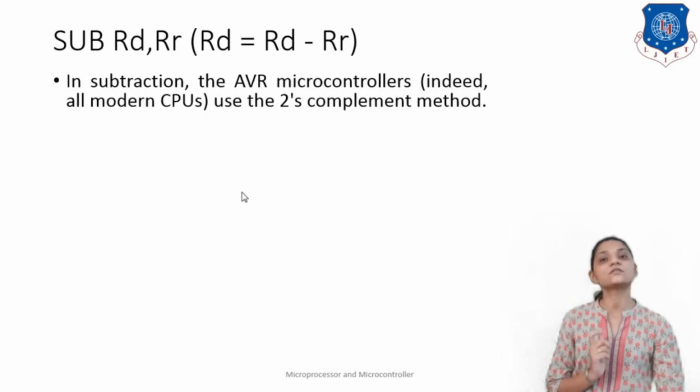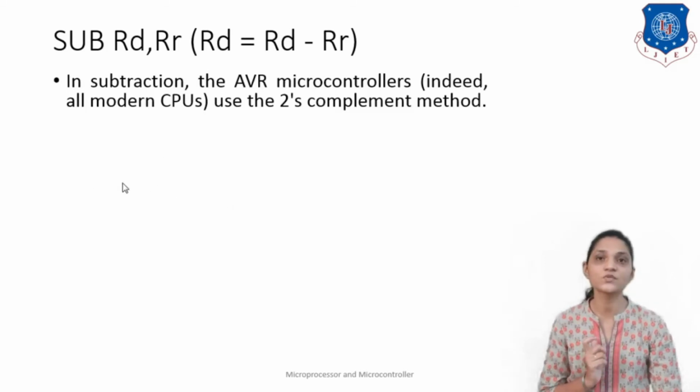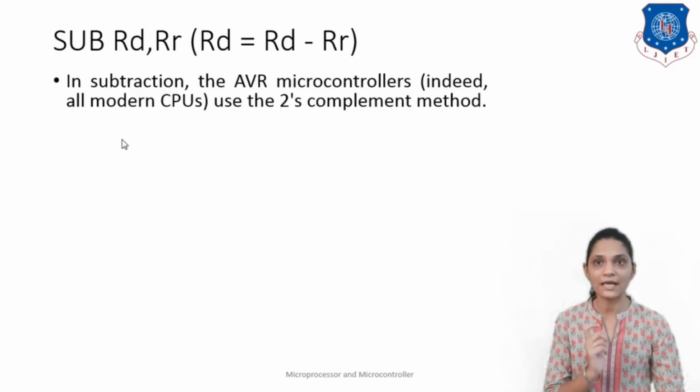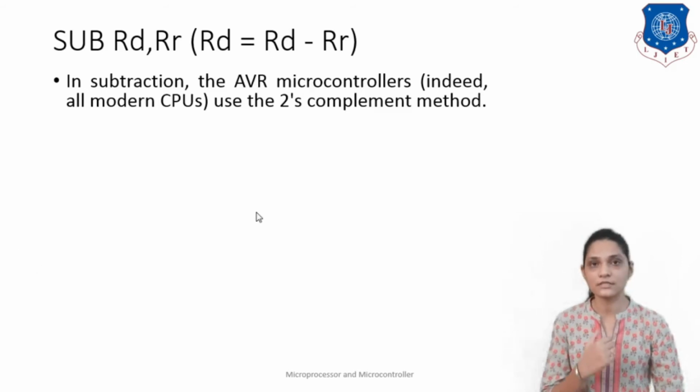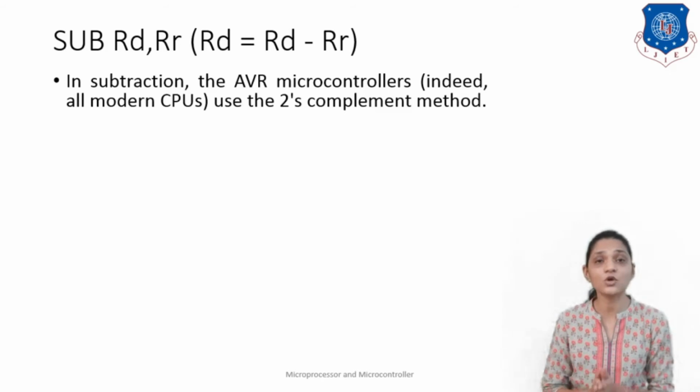First, let us see the subtraction operation. In subtraction, we are using the operation code SUB RD, RR. Here RD is replaced by RD minus RR. In any digital system, we do not have any circuitry for the subtraction operation, but we do the subtraction by means of 2's complement.